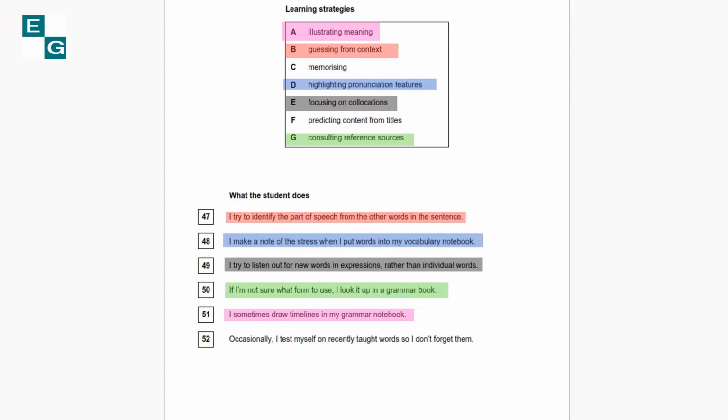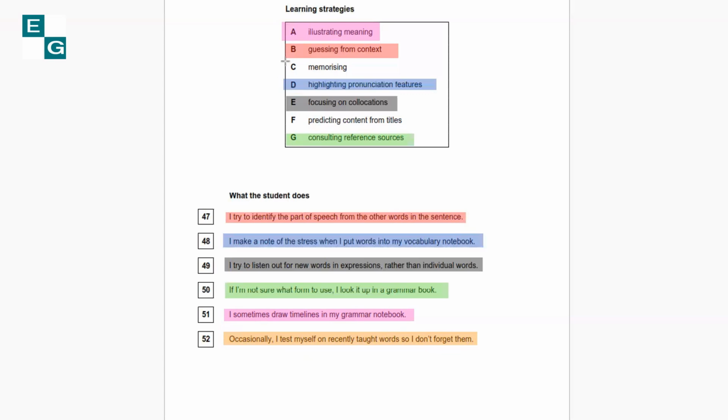And finally, if the student just tells us something like, occasionally, I test myself on recently taught words so I don't forget them.